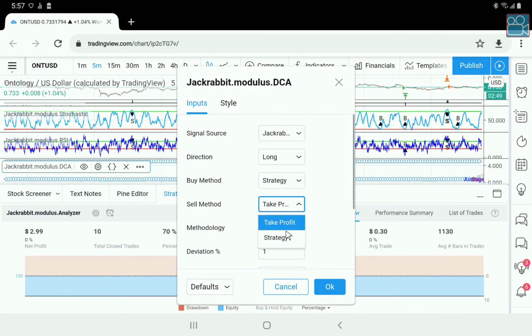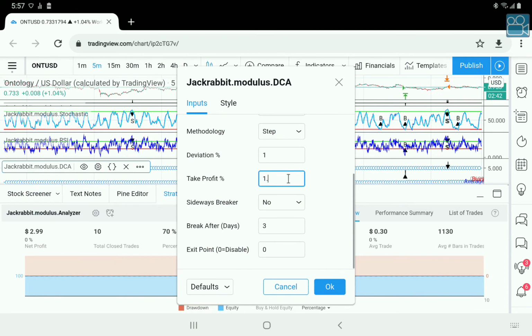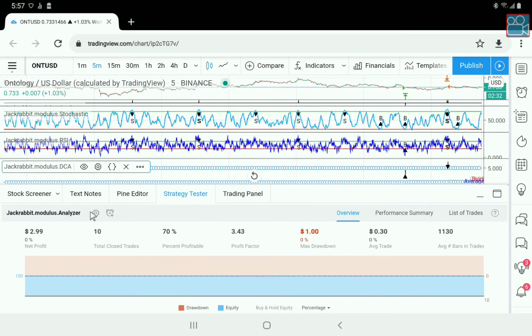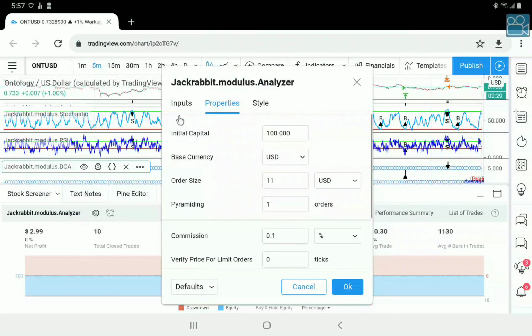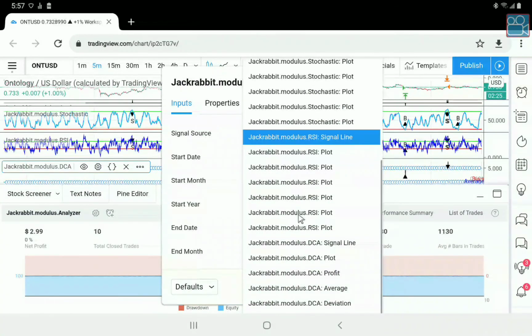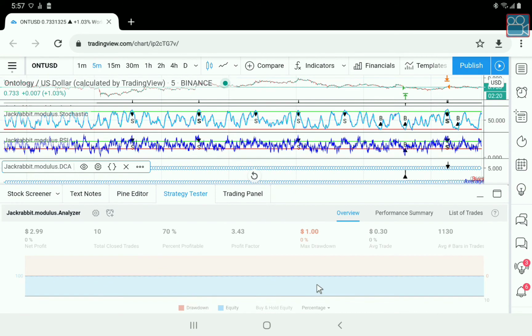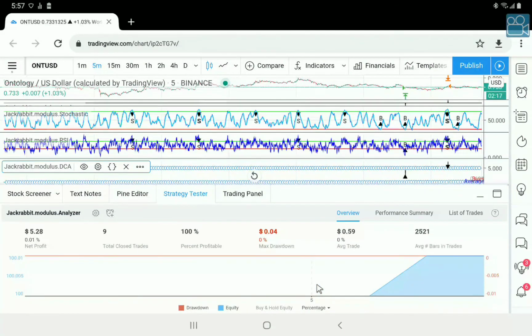Strategy. 1.5%. And 11 for a budget. Now let's pull in the dollar cost averaging line and see how well it does. Not bad.